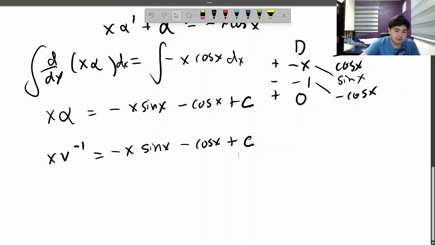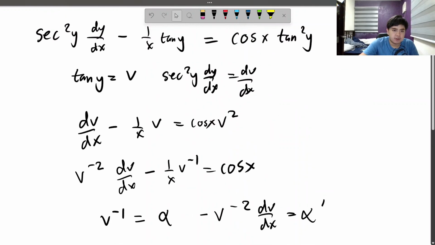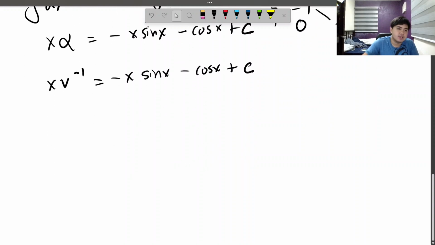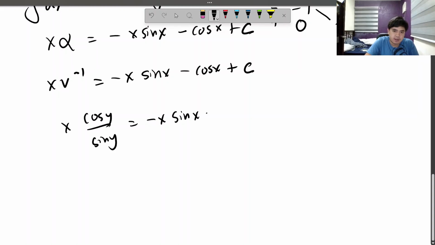Okay. And v to the negative 1. That v is tangent y. So v to the negative 1 is cotangent y, which is cosine y over sine y. I'm going with that in here. So x times cosine y over sine y equals negative x sine x minus cosine x plus c.